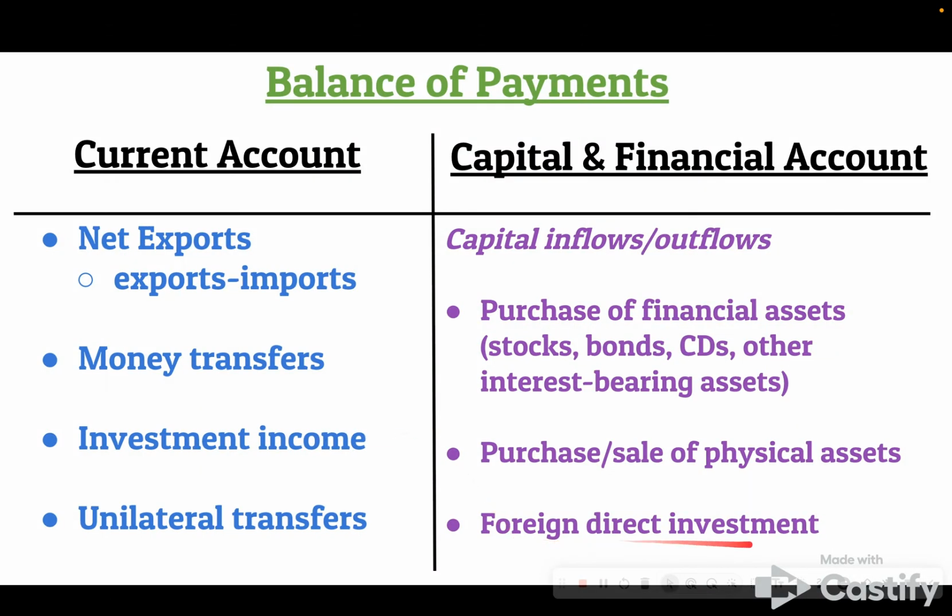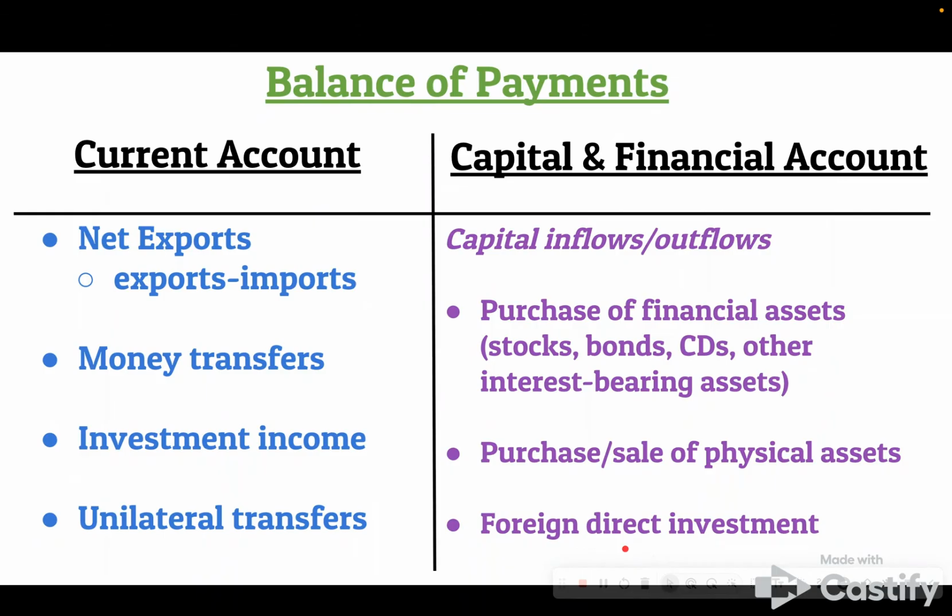Last but not least, it's foreign direct investment. So this would be an example not of me buying something that already exists, but me actually constructing something in another country. So let's say I was the McDonald's Corporation and I was going to build a McDonald's in some little town in Ireland. I have to pay a construction company. I maybe have to get permits.